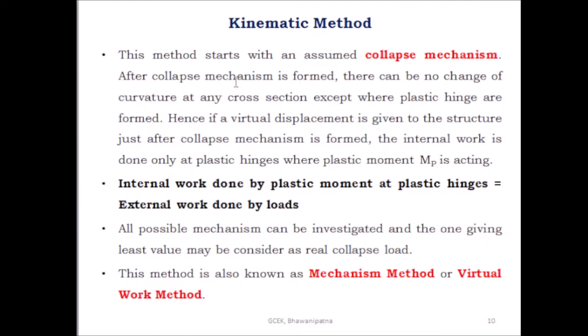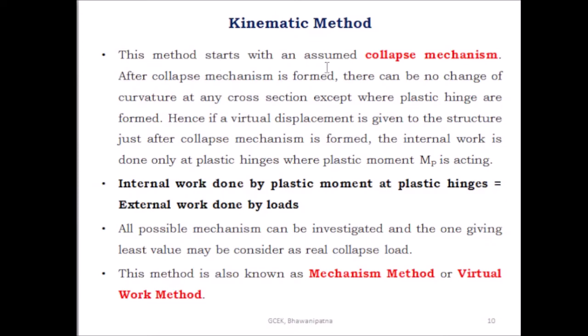Generally, there are four types of independent mechanisms, namely the first, beam mechanism, the second, panel or sway mechanism, the third, gable mechanism, and the fourth, joint mechanism. We can combine these independent mechanisms to obtain a certain number of composite mechanisms.